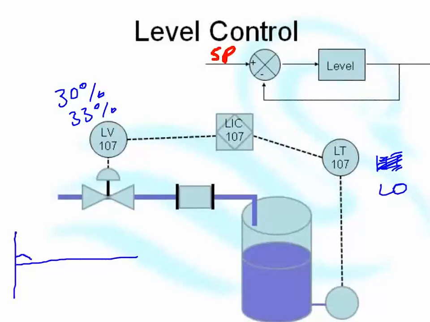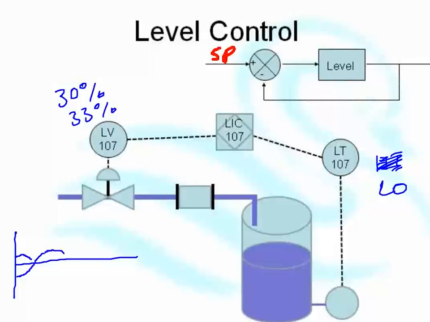Oh, sorry, level's a little bit low, so open the valve. What's going to happen is we're going to overshoot, because it takes time for the change to occur. With a tank level control, it can take several minutes for the reaction to occur, because level control is a slow control.